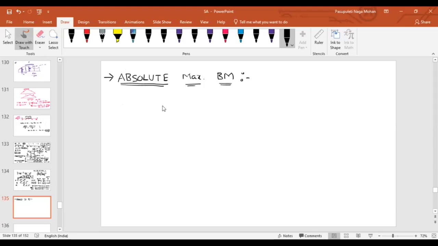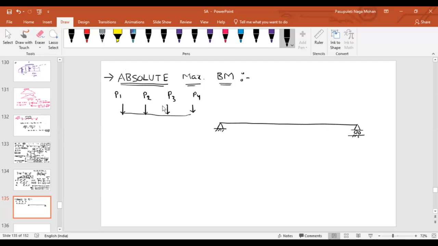Let us assume that there are 4 point loads: point load 1, point load 2, point load 3, point load 4. Let us assume that these point loads are moving over the simply supported beam, and I am interested in the maximum bending moment over the entire beam, not at a particular point.